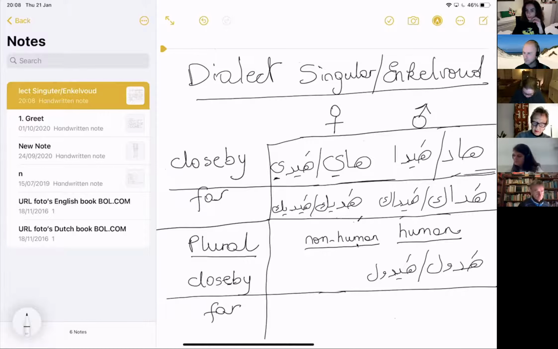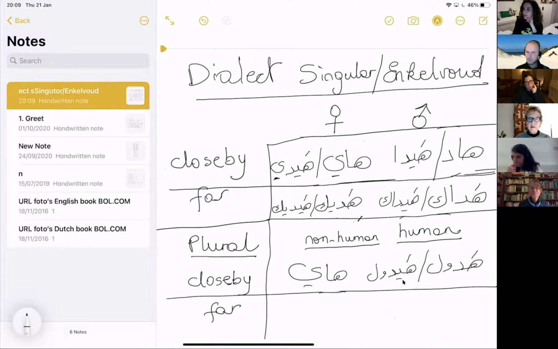Non-human is, can you guess which one? Hey. Yes, hey. Let's just do one version here. Hey, okay? Forget Heidi for now. However, we can still use the human for non-human in dialect.